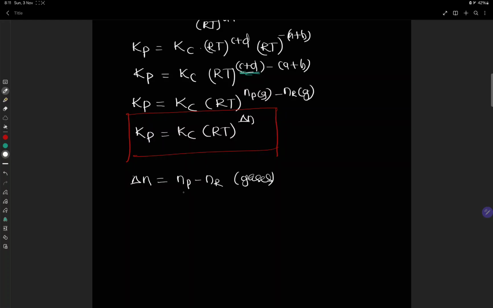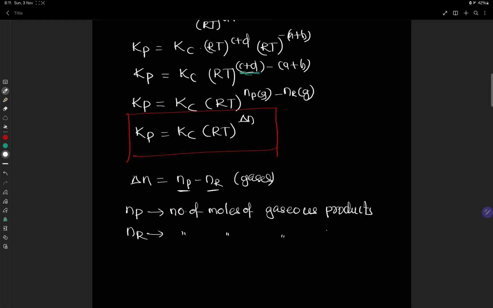Np is the number of moles of gaseous products, and Nr is the number of moles of gaseous reactants.